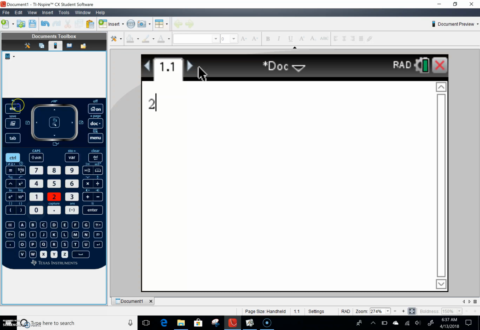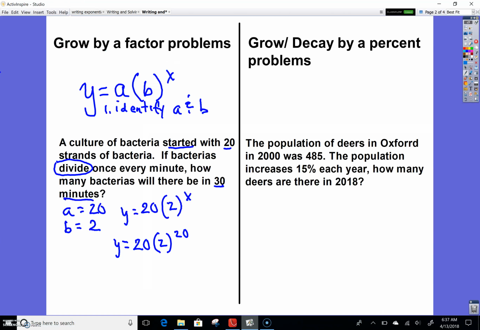The answer comes out to 20 times 2 to the 30th power, which is my answer. That's how you do that problem.